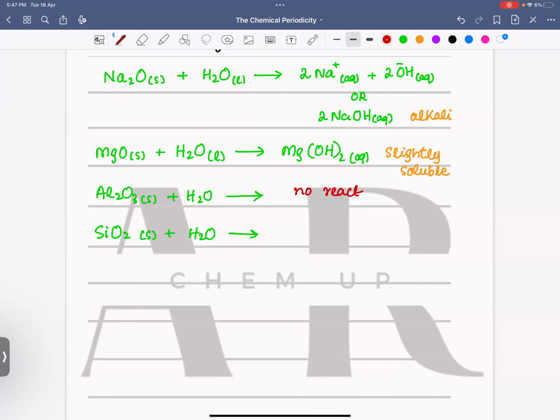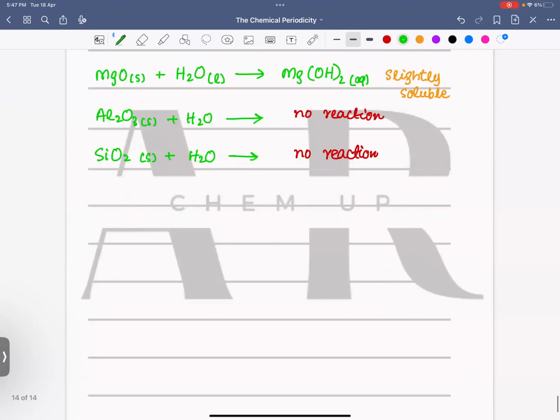So here there is no reaction that takes place. Okay. So in these two cases, there is no reaction with the water, because aluminium oxide, an amphoteric oxide, forms a layer which protects the oxide, so it doesn't dissolve in water, and silicon oxide has a very strong bond, so it also doesn't dissolve in water.